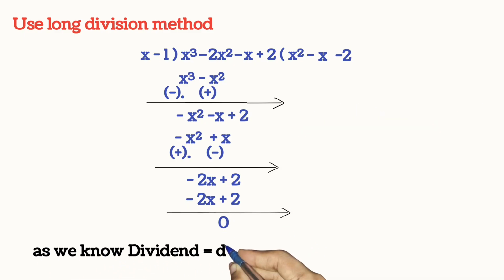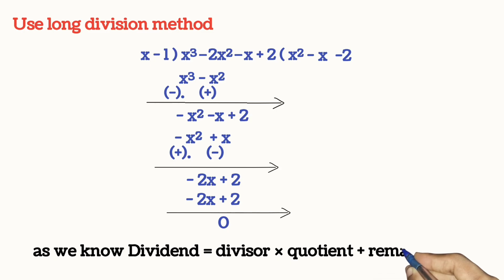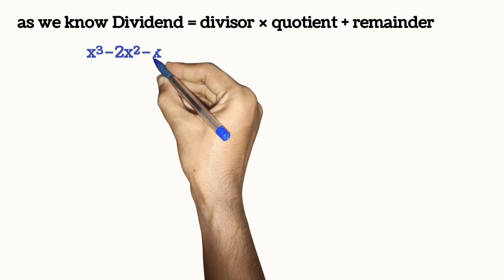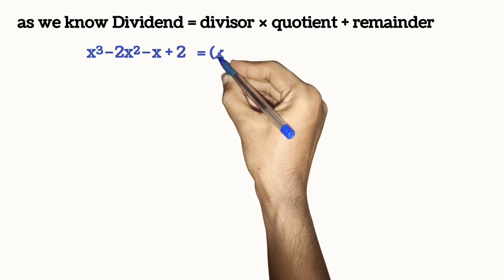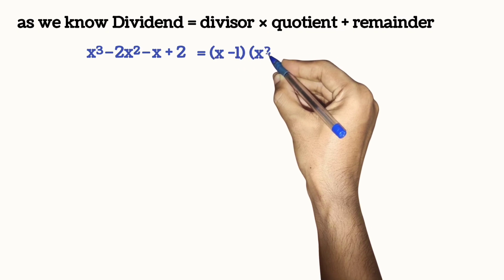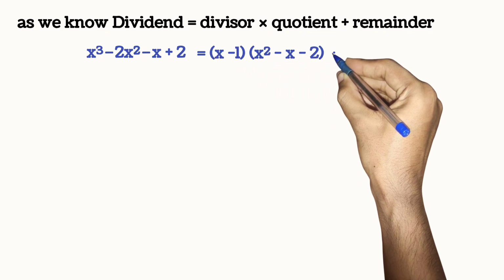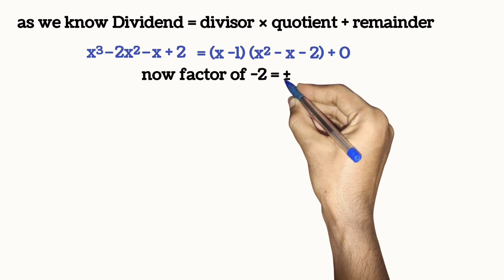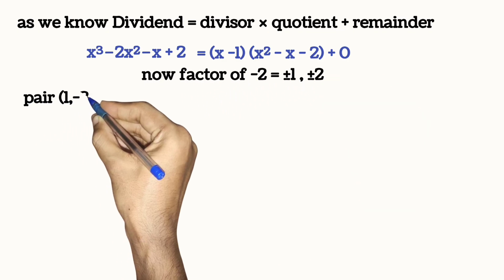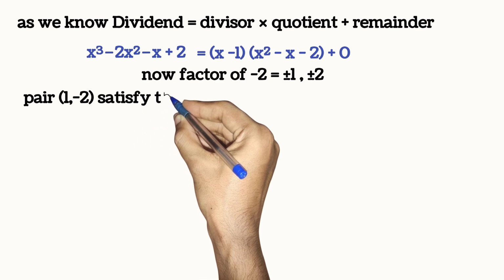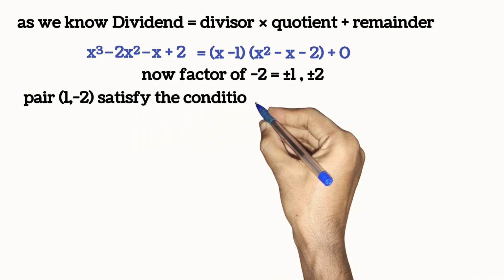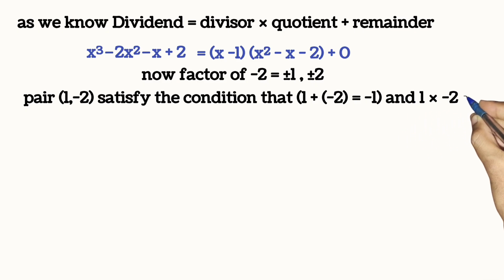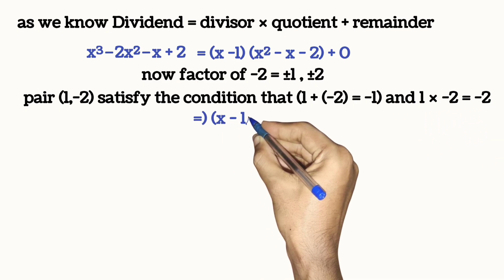As we know, dividend equals divisor into quotient plus remainder. x^3 - 2x^2 - x + 2 is equal to (x - 1)(x^2 - x - 2) + 0. Now factors of -2 are ±1 and ±2, pair 1 and -2 satisfy the condition that 1 + (-2) equals -1 and 1 into -2 equals -2.